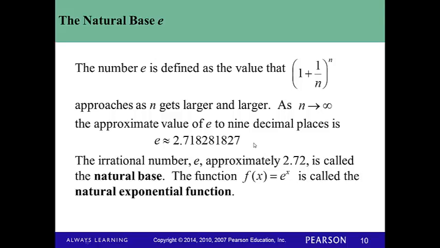It's basically special in this world. It's 2.718281827, and it keeps going. It never ends. It's an irrational number, and we basically say it's 2.72. e is the natural base. So your function f of x equals e to the x power is called the natural exponential function because you're using the natural base.